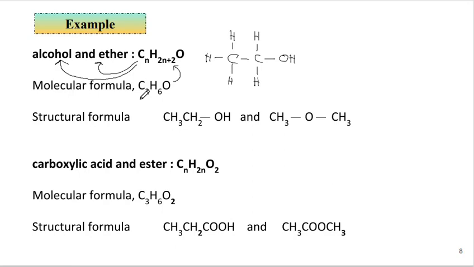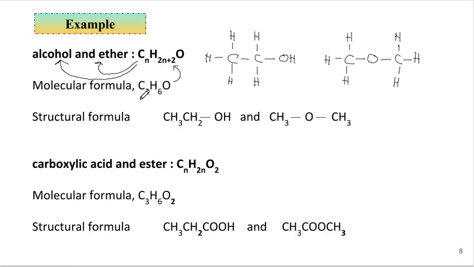Next is ether. Ether has C-O-C, single bond C-O-C, and then we just fill up the carbon. Since there are just 2 carbon, we just fill up the surrounding with hydrogen.